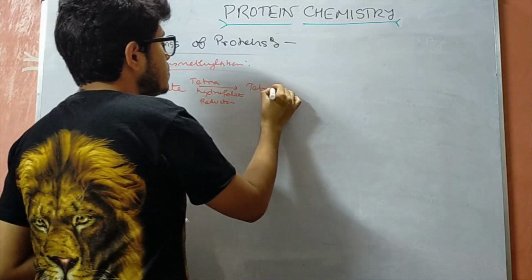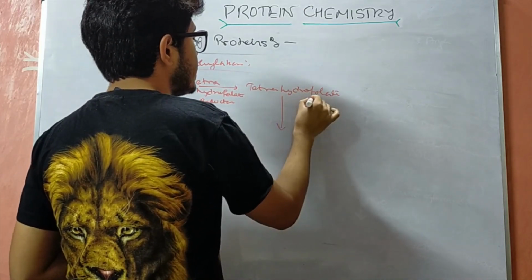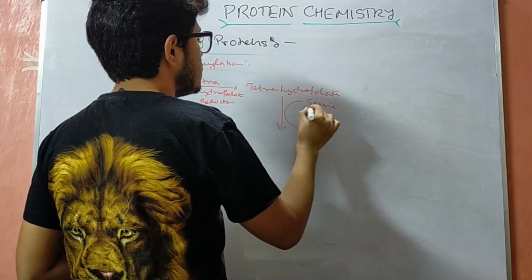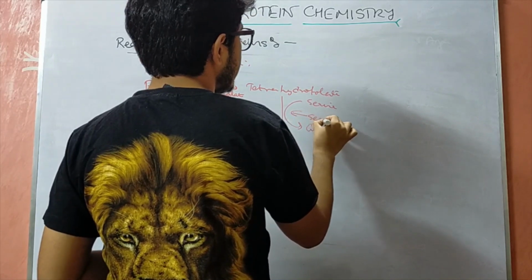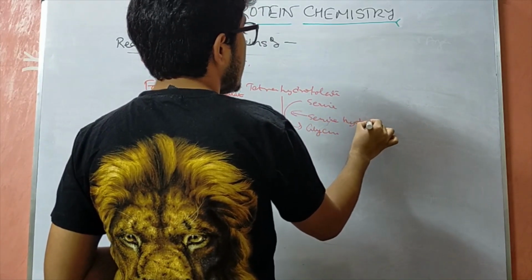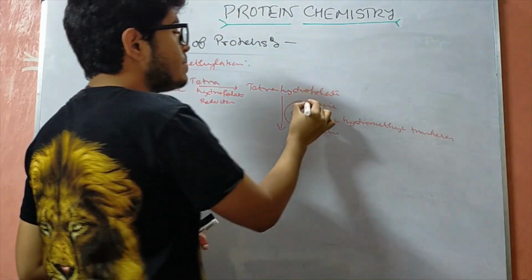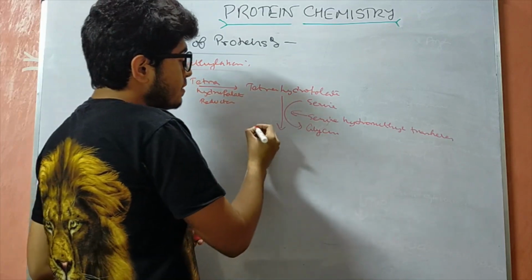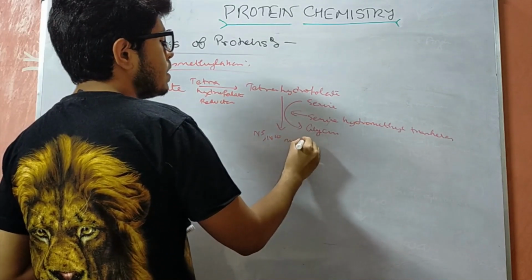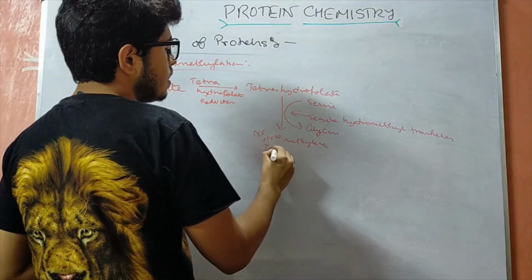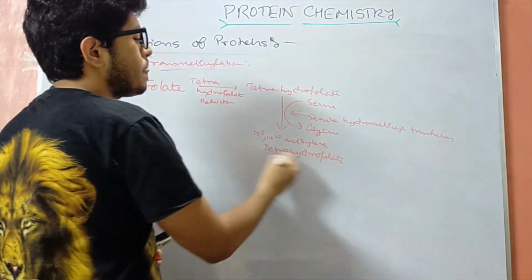Then serine hydroxymethyl transferase, an enzyme where a serine molecule is converted to glycine, acts on it, and here we get N5,N10 methylene tetrahydrofolate.